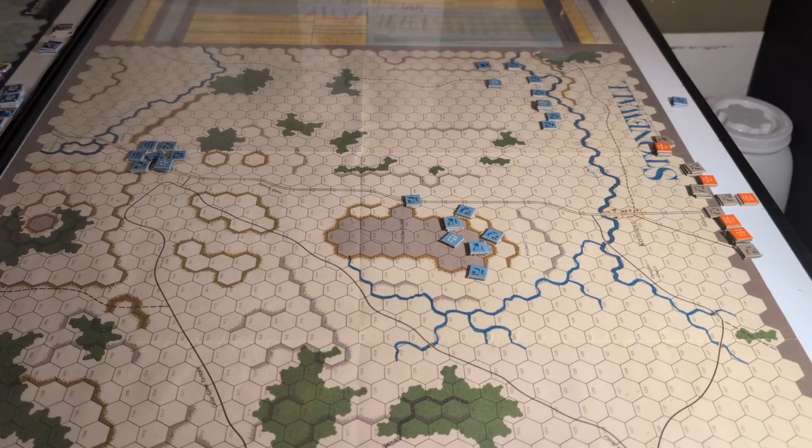So where's the scale? Maybe it's back here in the design notes.